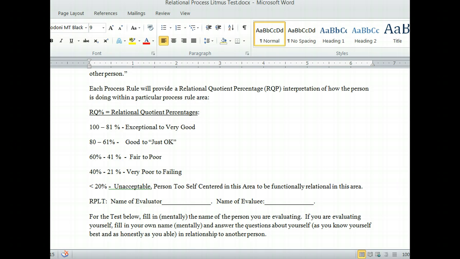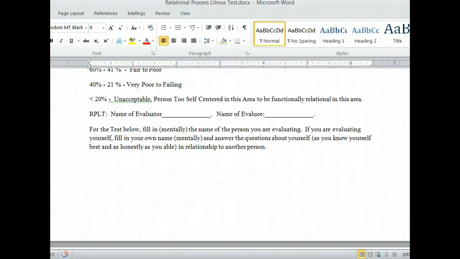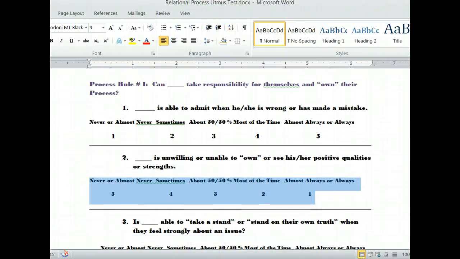So you have the name of the evaluator and the name of the evaluee. For instance, if you look at process rule number 1, let's say I'm doing it with my wife. Can Angela take responsibility for themselves and own their process? So I would put almost always or always, so I would give Angela a 5.